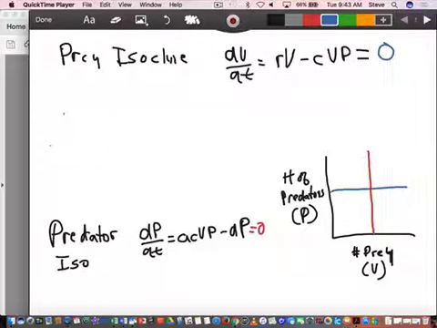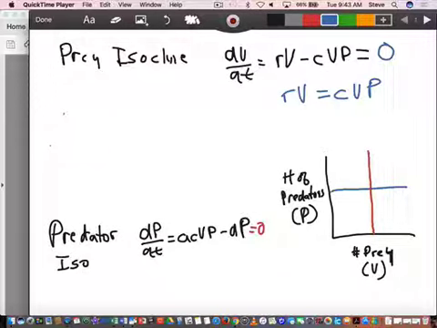I haven't had algebra in 35 years. It's pretty simple. You set that equal to 0, so RV equals CVP. Now you have two variables on the same side. What can you do with V?